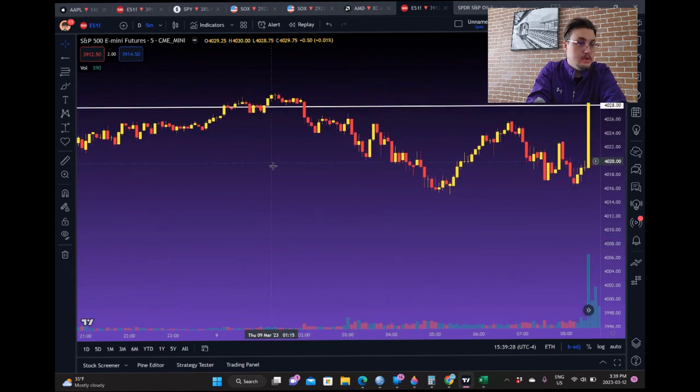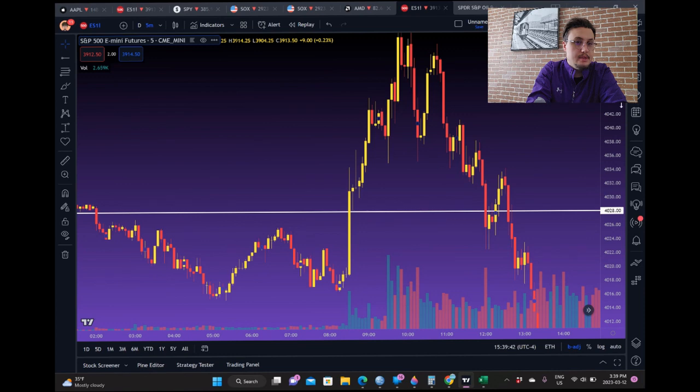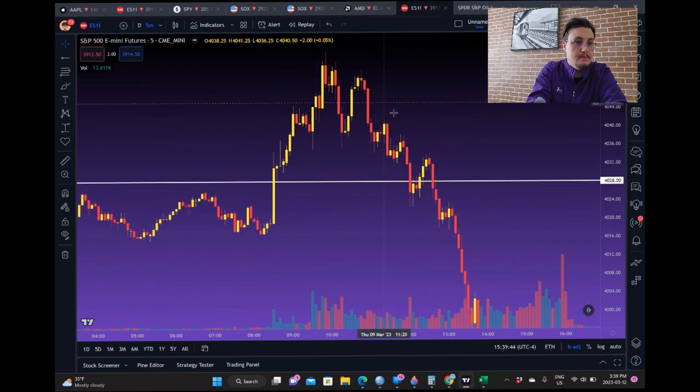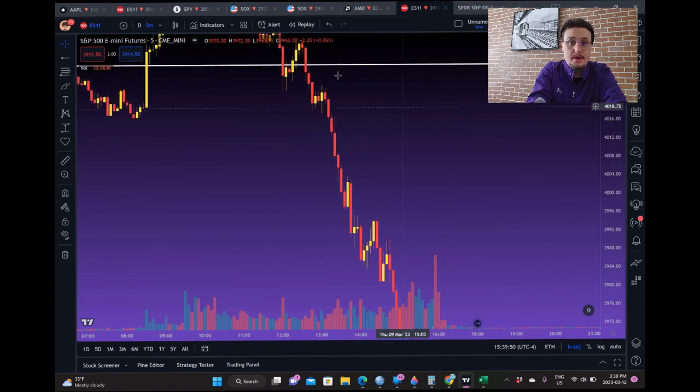Just zoom in. March 9th, we opened actually right above this line, right above this close price, and we got sucked down. We came back up, but you see what happened when we came back up? It immediately got pulled down here, back to this line and lower, okay?